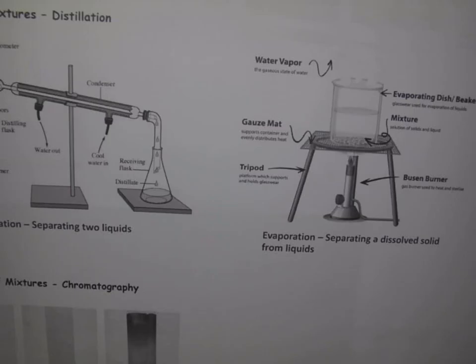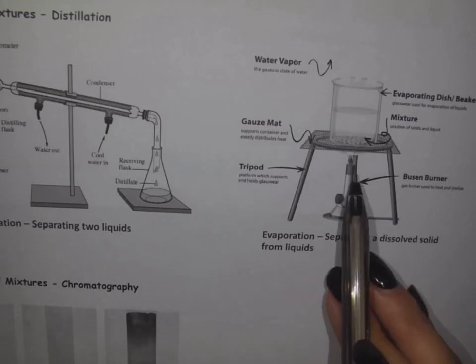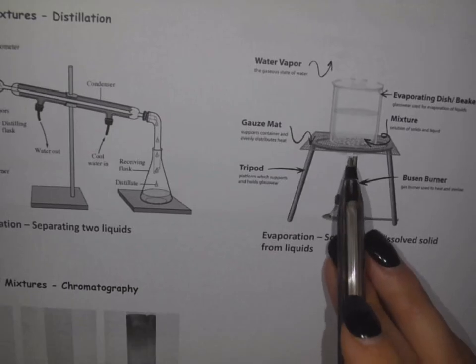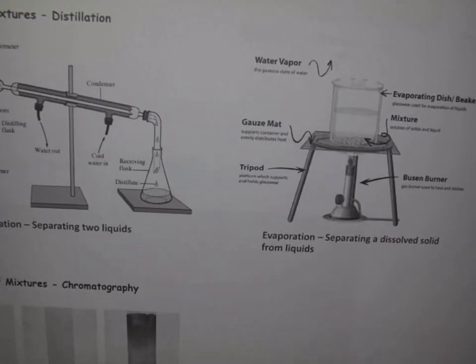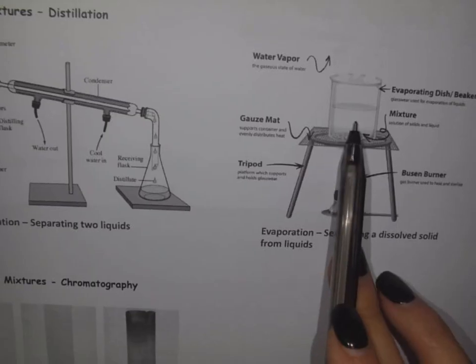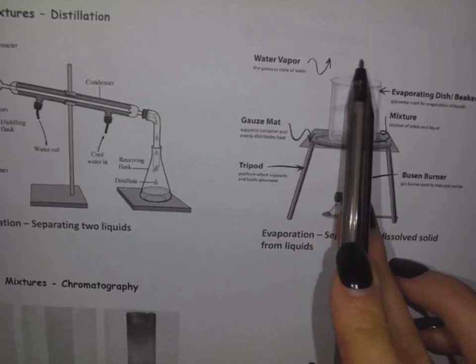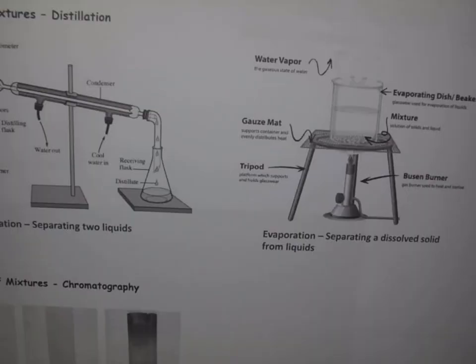So if I put this mixture of the rubbing alcohol and the water on a hot plate or over a Bunsen burner, the alcohol is going to boil. It's going to go from a liquid state to a gas state much faster, way before the water will.